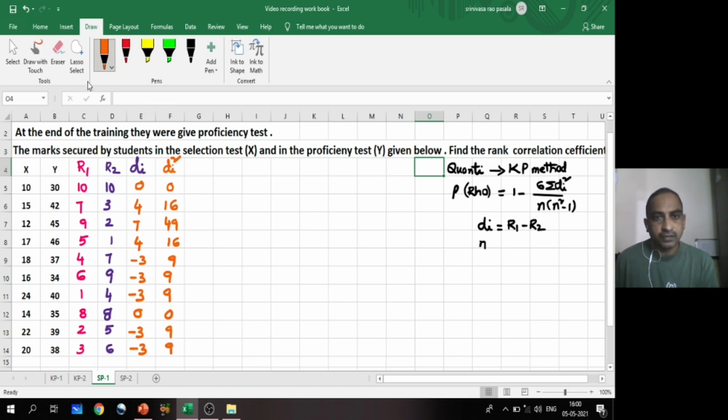Now find the summation of di square, the total of this column. Adding up, we get 126. So let's substitute in the formula.